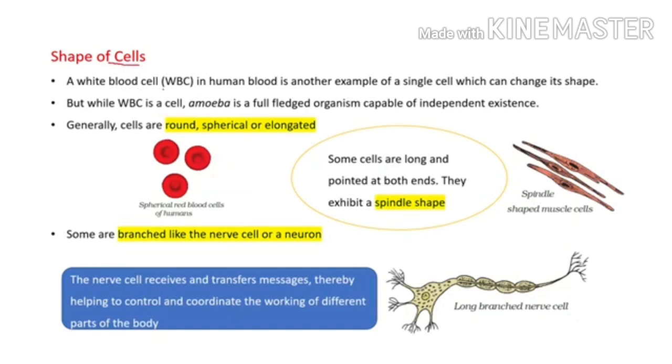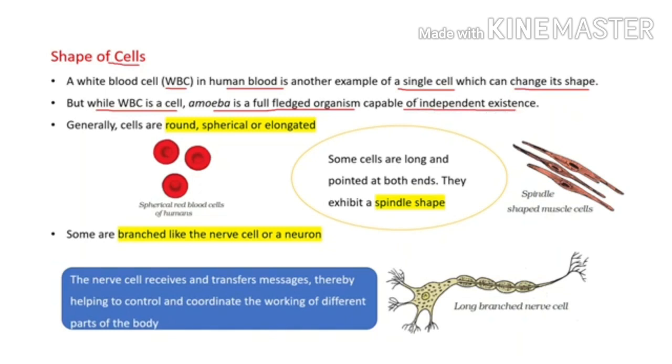When we talk about various shapes of cells, WBC, that is white blood cell present in human blood, is a unicell which can change its shape. WBC is a single cell, but amoeba is a full-fledged organism capable of independent existence.